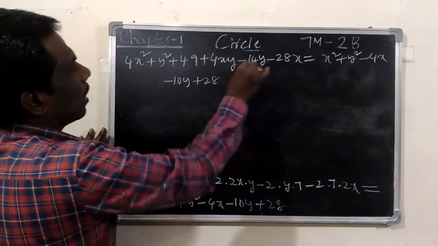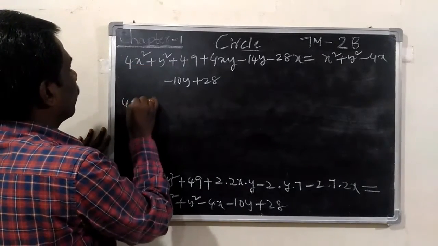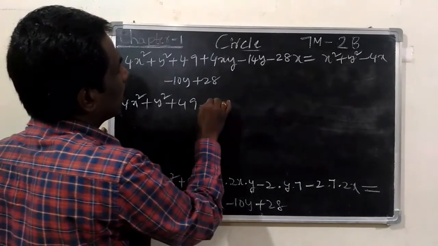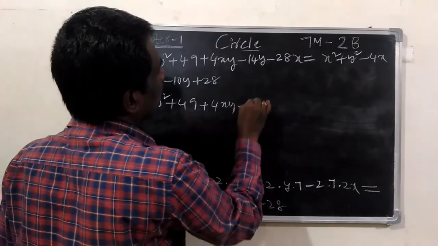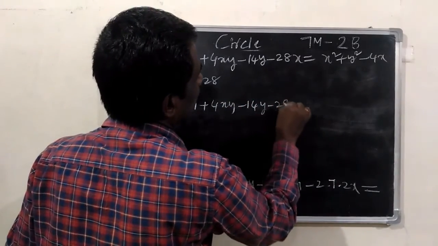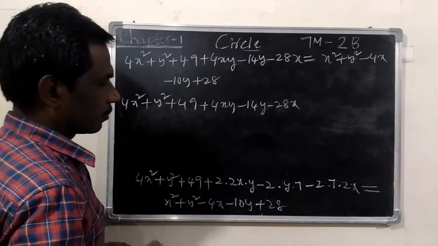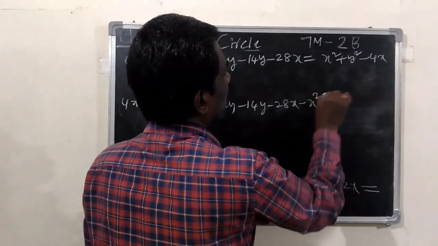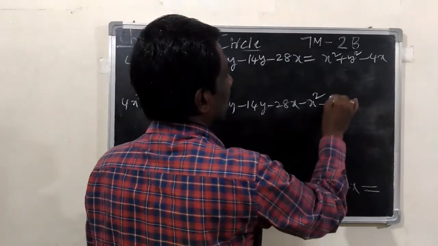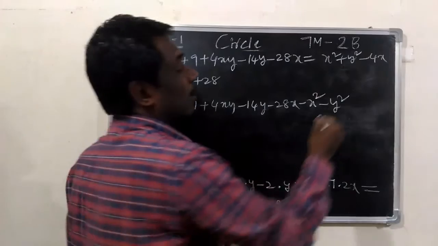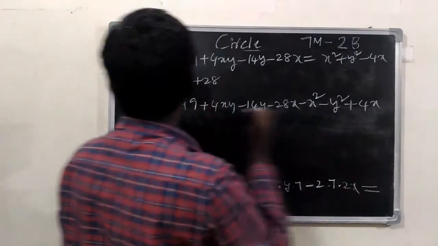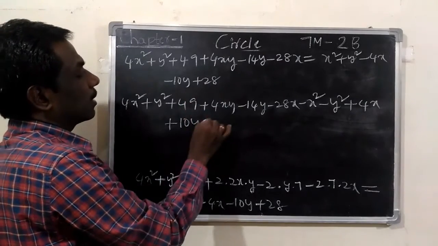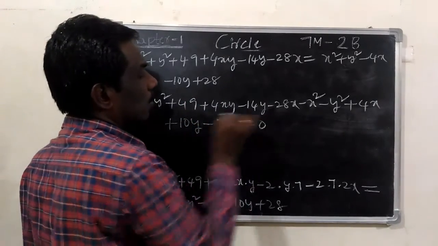Then write the LHS same. 4x square plus y square plus 49 plus 4xy minus 14y minus 28x, and this is minus x square, and this plus y square becomes minus y square, minus 4x becomes plus 4x, and minus 10y becomes plus 10y, and this plus 28 becomes minus 28 equal to 0.